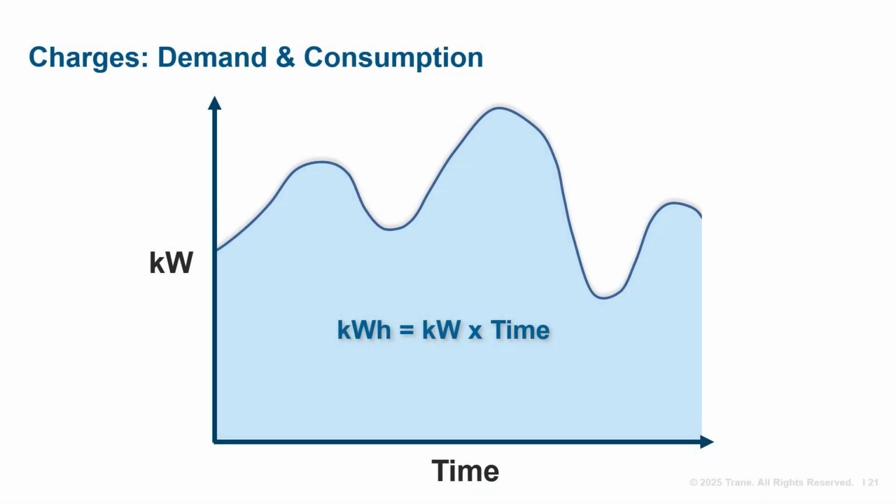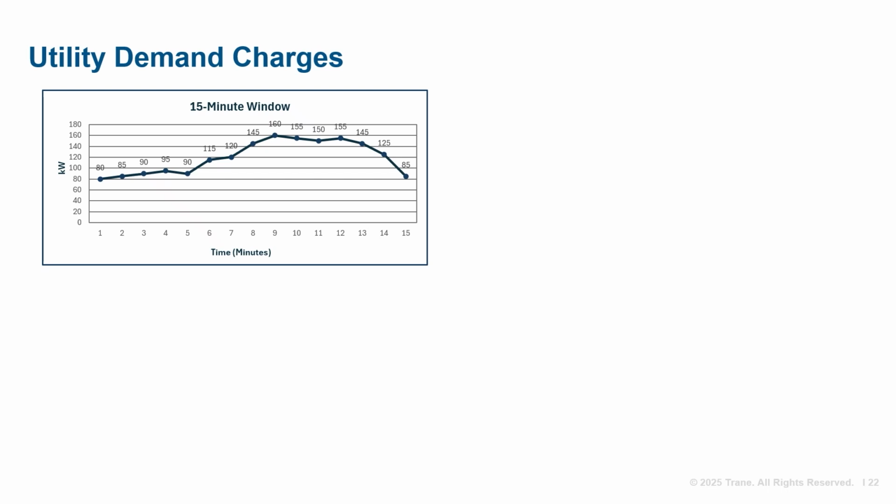To visualize this, we can plot the instantaneous electrical energy use, our demand, in kW over time. The consumption in kWh is equal to the area under the demand curve. Demand charges can be further broken down into either utility or grid demand charges.